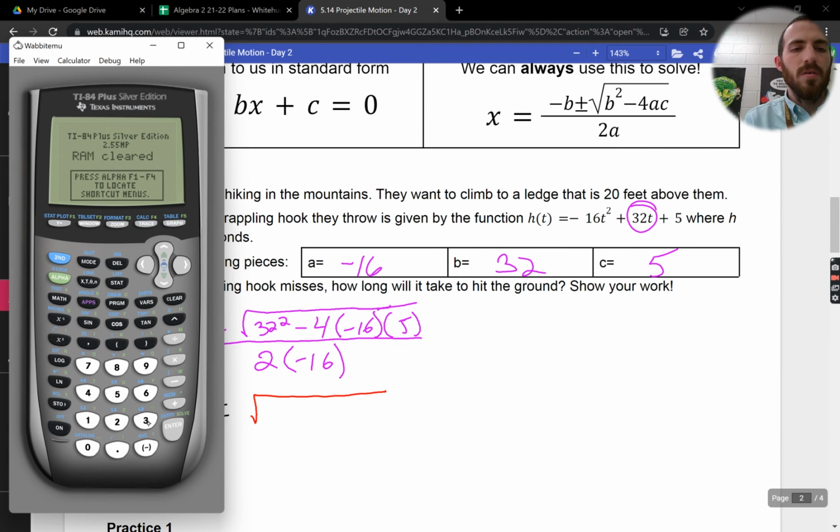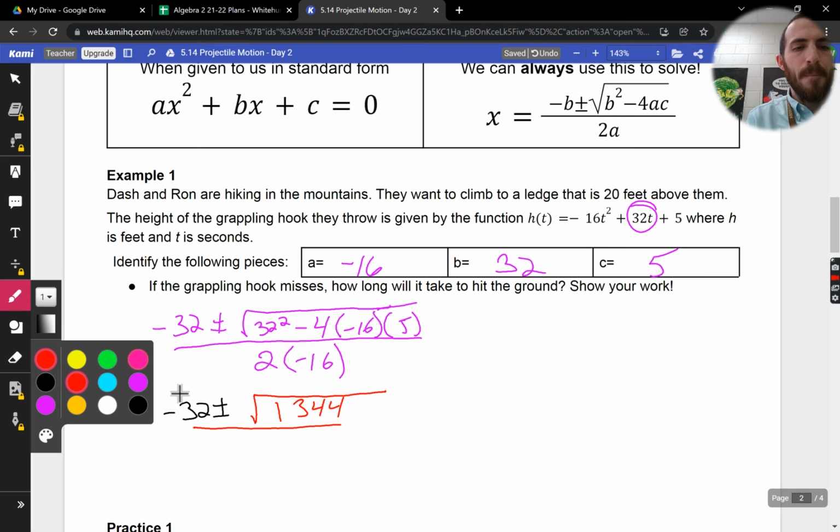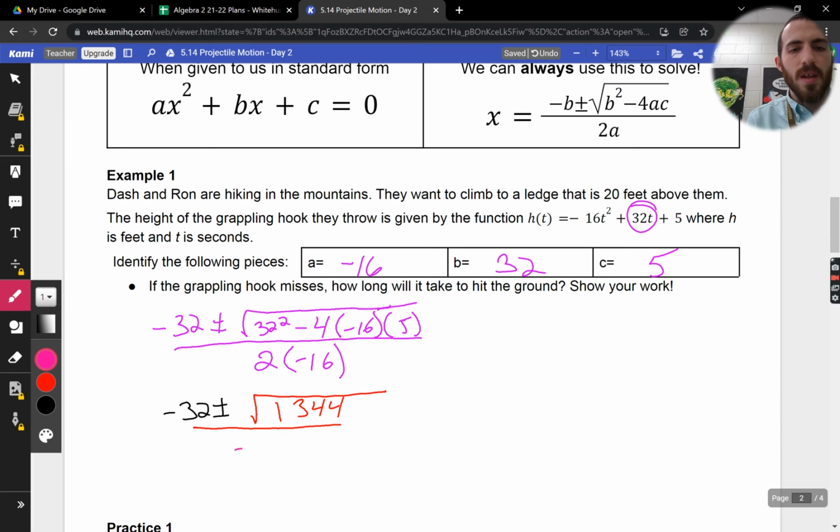This is called a discriminant. So we're going to do 32 squared minus 4 times negative 16 times 5. So we get 1344. And then we're going to simplify the bottom. On the bottom, we get negative 32 when we multiply them.